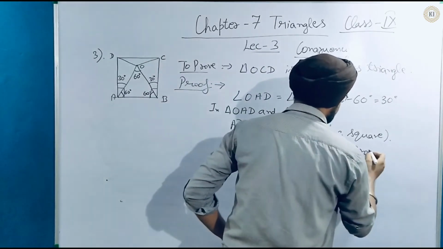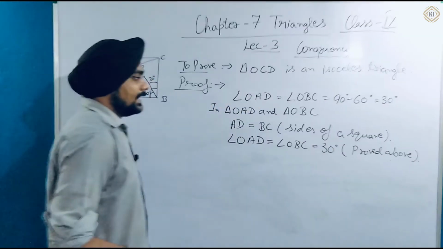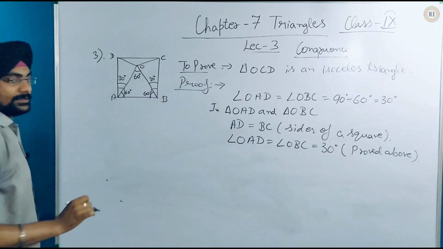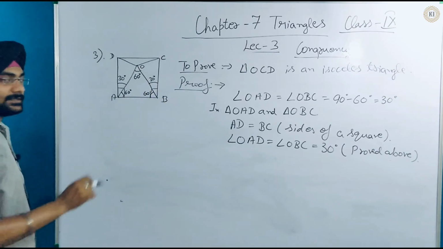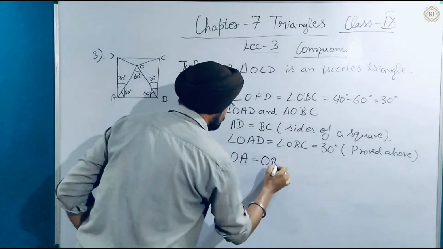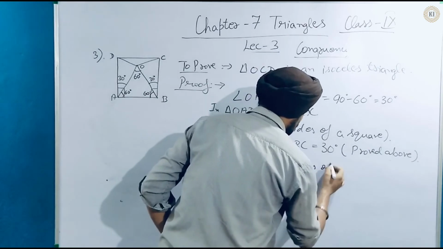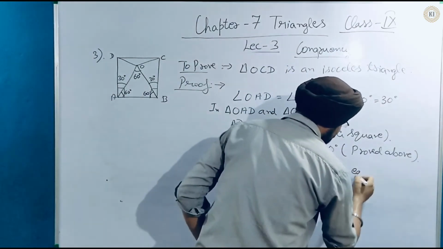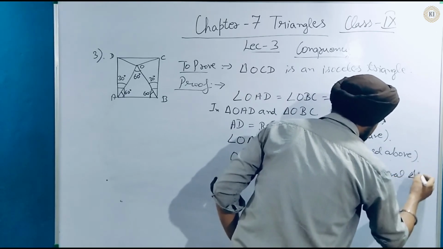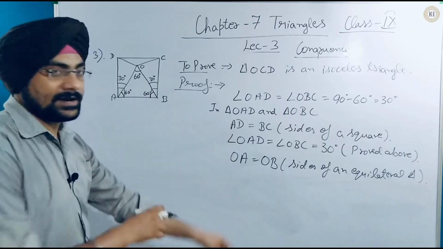We will write here proved above. And the third part, OA will be equal to OB. The reason is that they are sides of an equilateral triangle. Now by side angle side, the triangles are congruent.